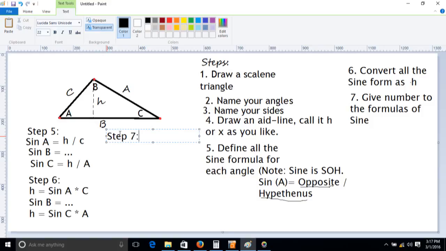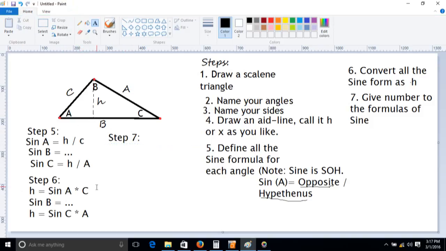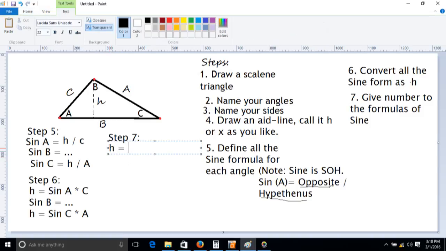Step 7: we need to type all these formulas again from step 6, and give a number to each formula. So it goes like this: 1, sine B, H equals sine C times A, maybe 2.